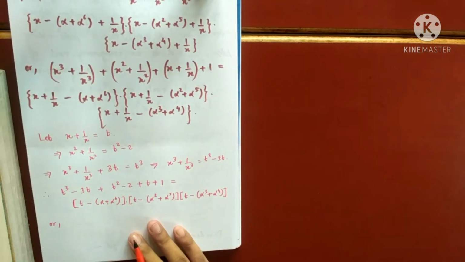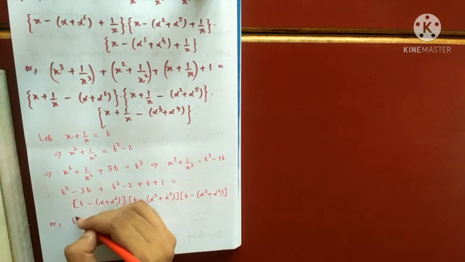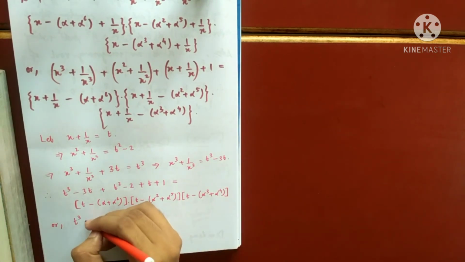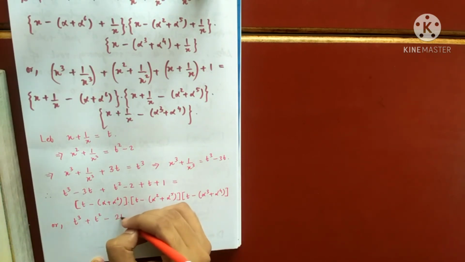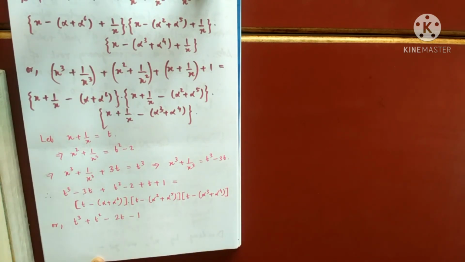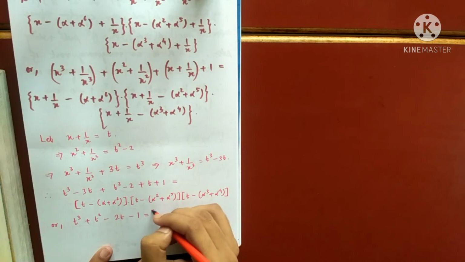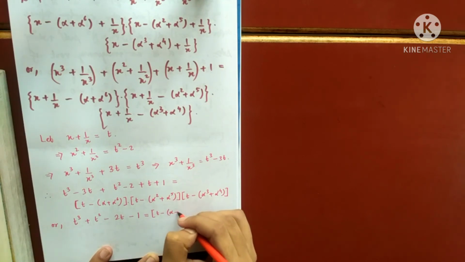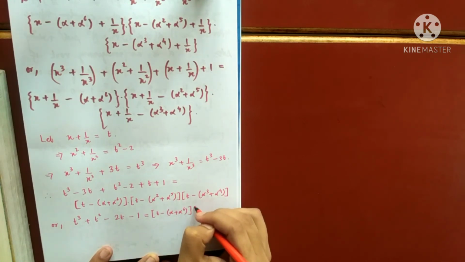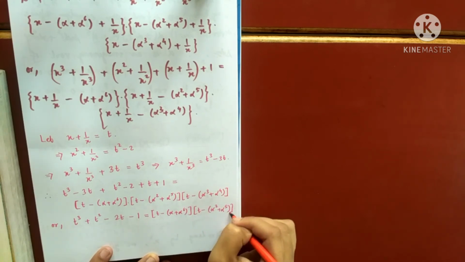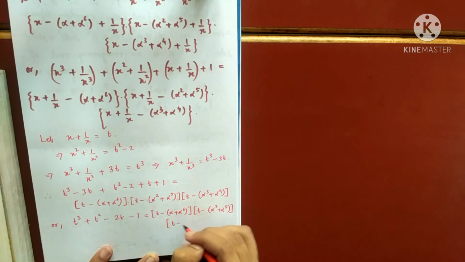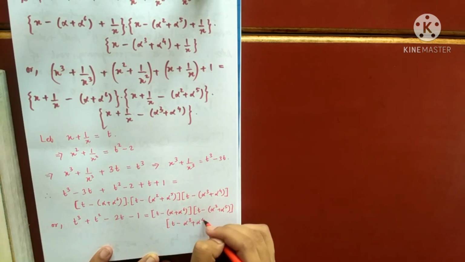What is the left hand side? t cube plus t square minus 2t minus 1. That is the left hand side, and it can be written like this: t minus alpha plus alpha to the power 6, t minus alpha square plus alpha to the power 5, and t minus alpha cube plus alpha to the power 4.